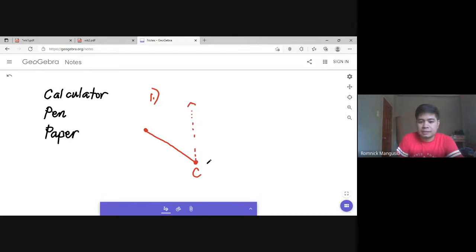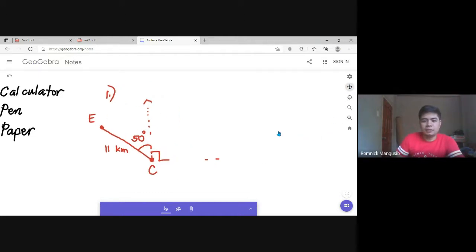Okay, this is the axis. So let's say, for example, the angle here is 50 degrees. The angle here is 50 degrees. And the distance from point C to point E is, let's say, for example, 11 kilometers. Now, I want you to get the coordinates of point E in number 1 with the illustration.